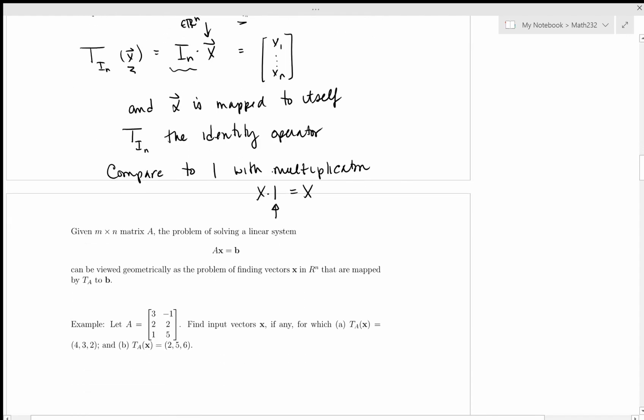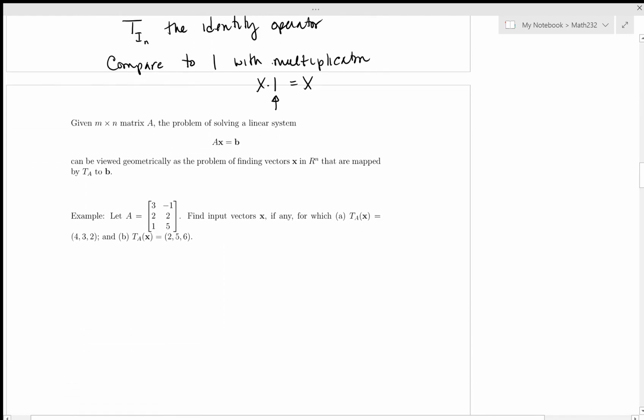Okay, so now if we have a matrix, we can look again at the problem of solving the system of linear equations Ax equals b, and we can view that geometrically as the problem of finding all the vectors in Rn that are mapped by the transformation defined by that matrix to the vector b. This is a fancier way of saying what we've said before.